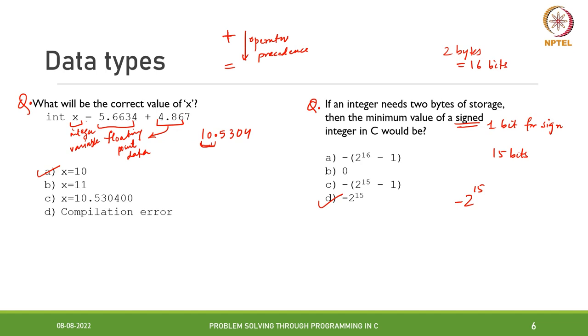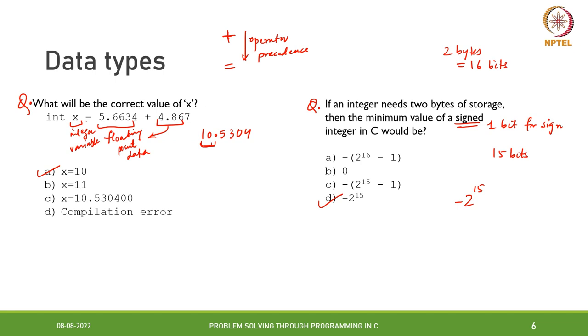Yes, that is a formula, but the formula came from here. You need to conceptually understand this. The formula is definitely there, but conceptually this is what happens. If there are 15 bits for you to store the data, let's say you put all... Okay, so you have 16 bits.